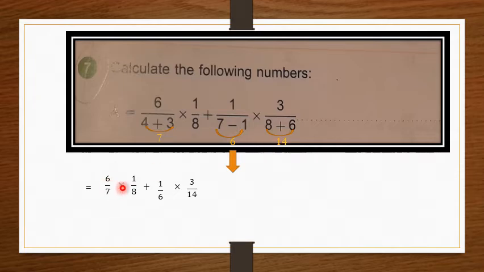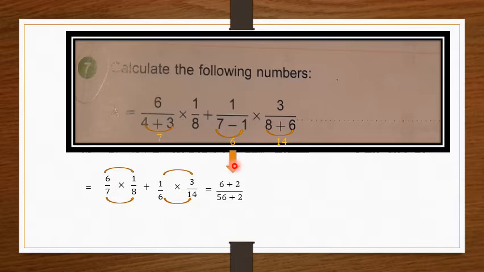Okay, now we have multiplication, addition, and multiplication. According to PEMDAS rules, the priority goes for multiplication. While we are multiplying fractions, we multiply the numerators by each other and the denominators by each other.